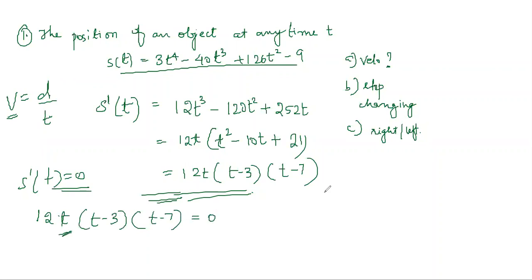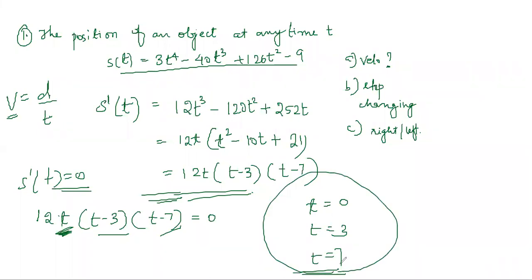How many factors am I getting? t is equal to 0, because t is also here. Then from here I'm getting t equal to 3, and from this t equal to 7. So all of you got these values? These are the values, that is 0, 3 and 7 of t, at which the object will not be moving. Okay, so this is the second part.